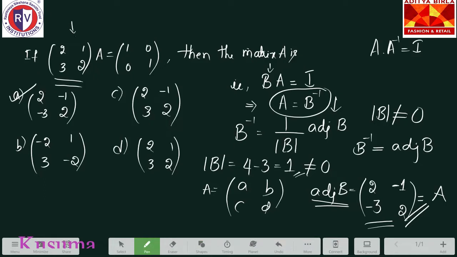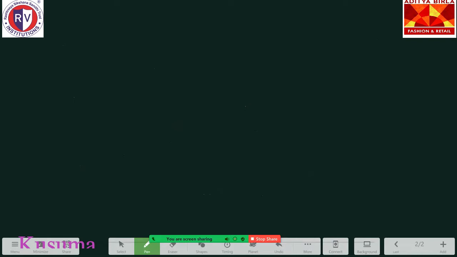So look at the last question, question number 80. A is given to be a square matrix of order 3, and determinant of A is given to be 5. So if A is a square matrix of order 3 and determinant of A is equal to 5, then determinant of A into adjoint of A is.